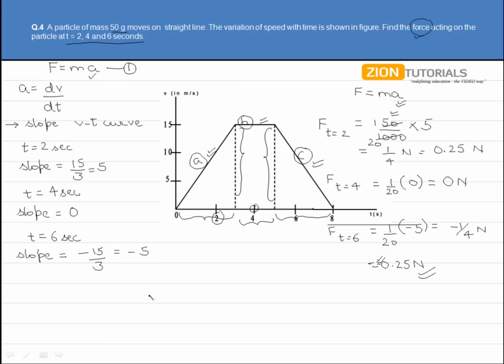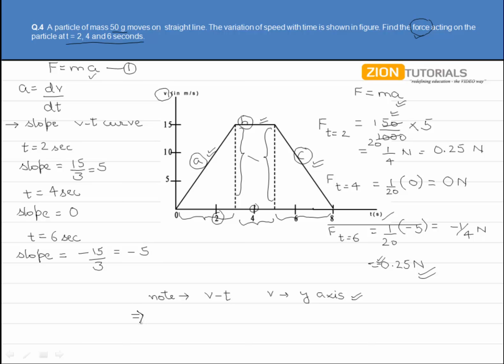Now, in such type of questions, don't ever forget to check that the graph should be a V-t curve. That is, the V must be on the y-axis. In case they have given any curve on which V is not on the y-axis but on the x-axis and t goes to y, then you will have to reverse, that is, you will have to take 1 upon slope into consideration.